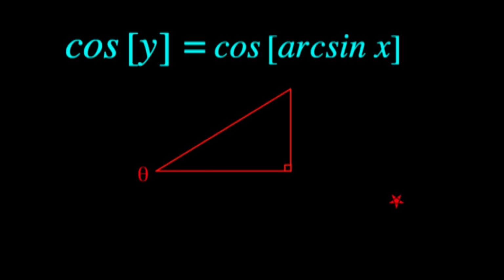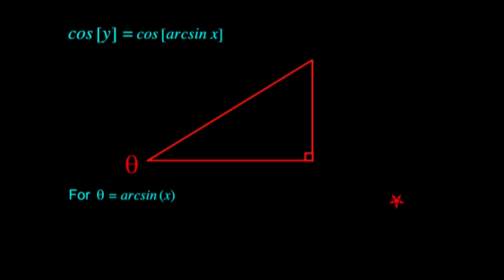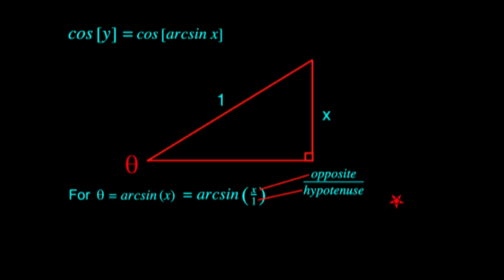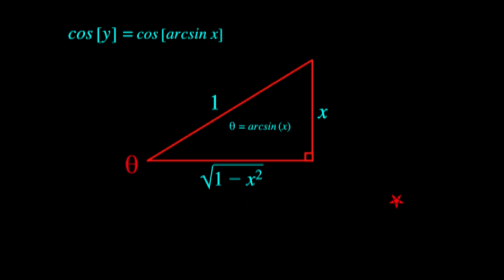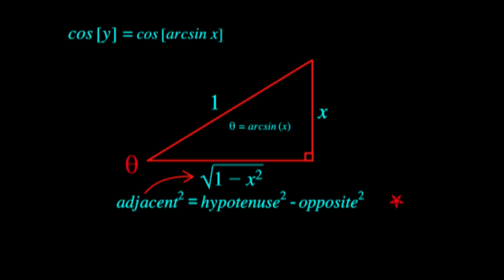For a given right triangle with one of its non-right angles equal to theta, we will let theta equal the inverse sine function, and if we take a closer look at the argument of arcsine, we see that we can assign the value of x for the side opposite theta and 1 for the hypotenuse. This is per definition of the sine function. The length of the remaining side can be worked out using Pythagorean theorem.